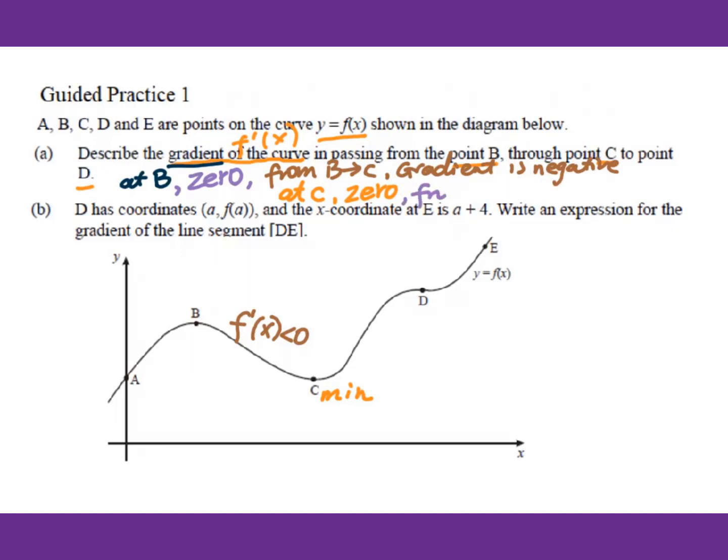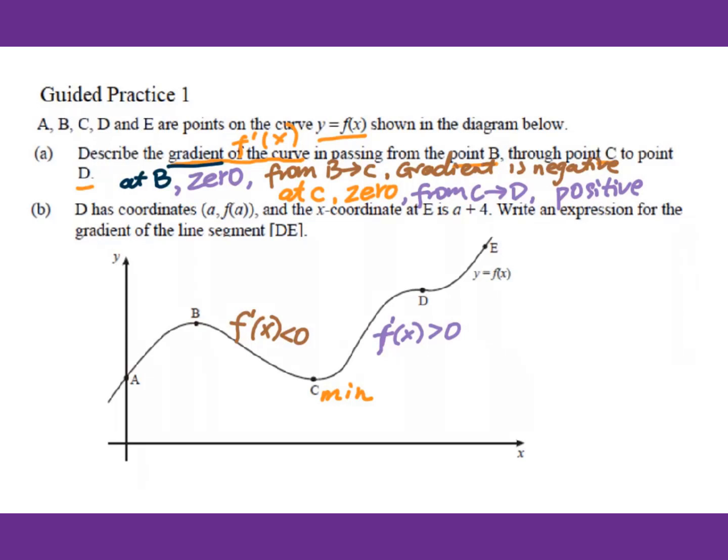And from C to D, the first derivative is positive because it is increasing. So from C to D, the gradient is positive.